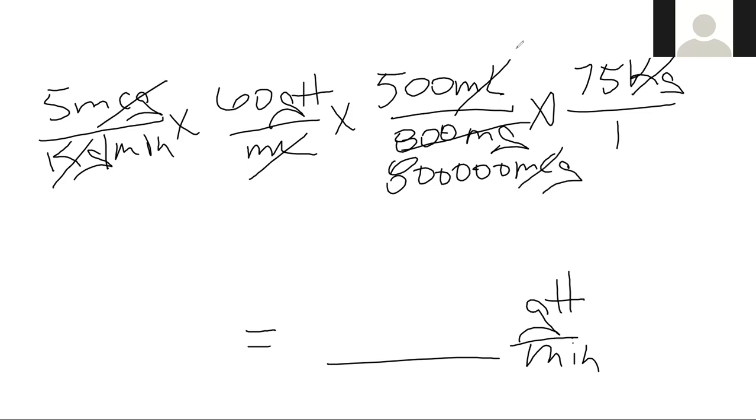I can take out a few zeros. So 0 top, again, point being drops over minutes on the left, drops over minutes on the right. So making the zeros go away. 1 on the top, 1 on the bottom, 1 on the top, 1 on the bottom, 1 on the top, 1 on the bottom. So we've got some pretty large numbers here. When I multiply this out, 5 times 6 times 5 times 75, I'm going to get a number that should be 11,250.